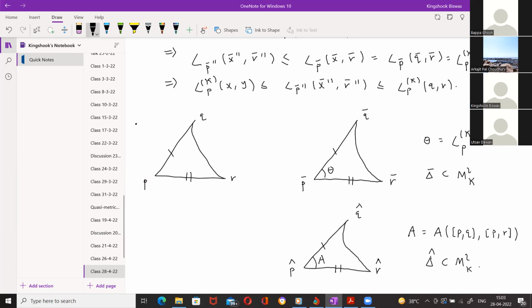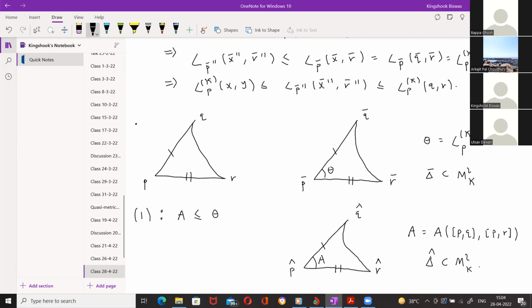Okay. So condition 1 is basically that the angle function A here is less than or equal to the comparison angle, right? Is less than or equal to theta. Okay.